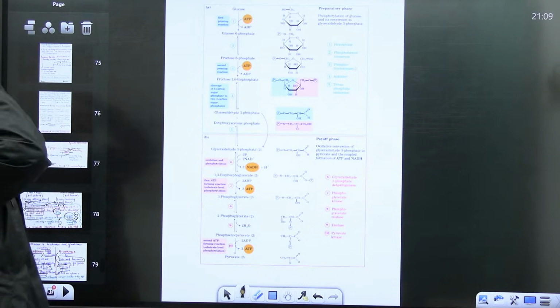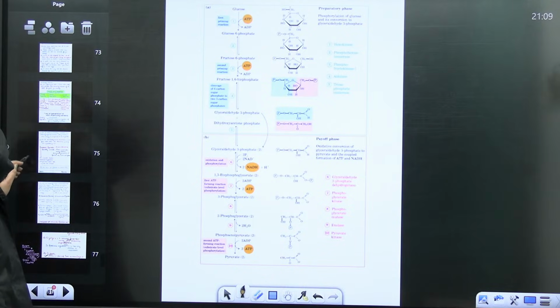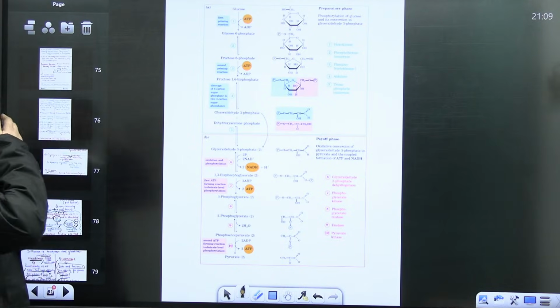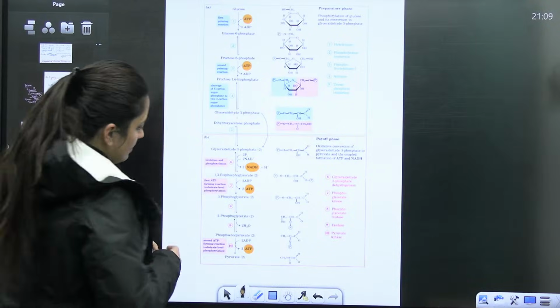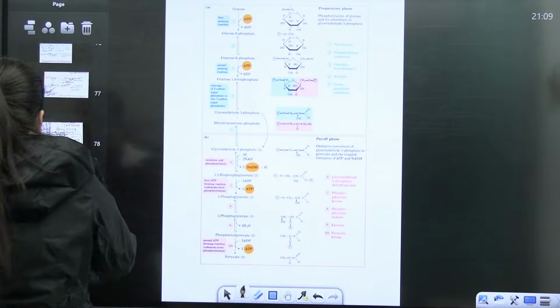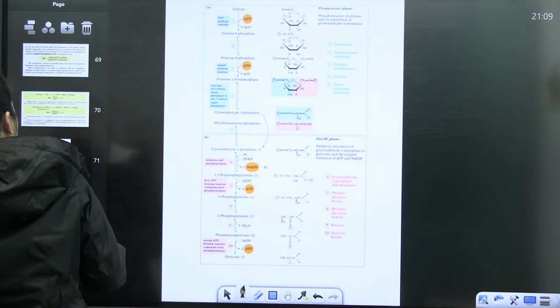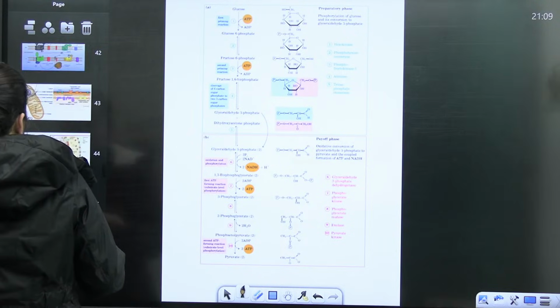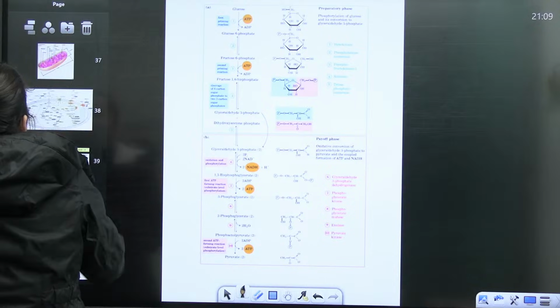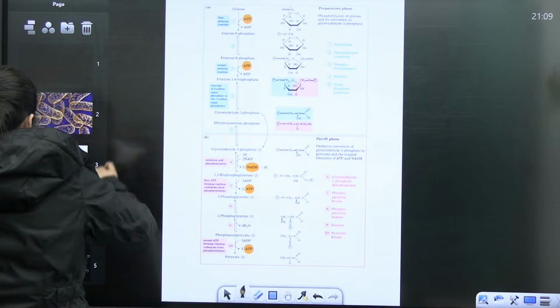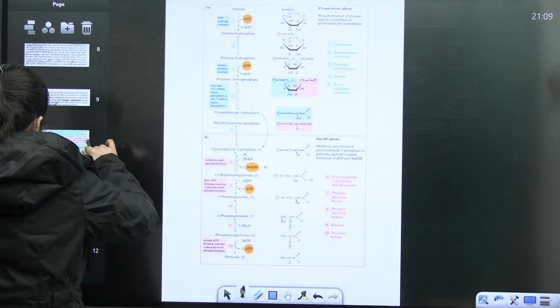Now a particular student asked me a question regarding this step. Wait, I will show you. I got a question from one of my students for this particular part. Let me show you.